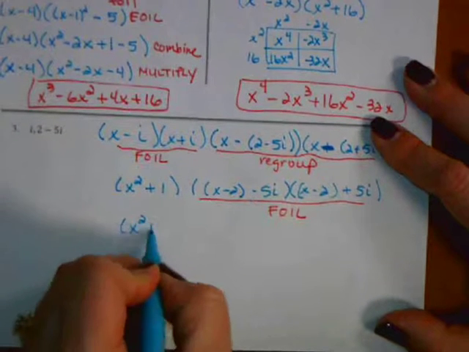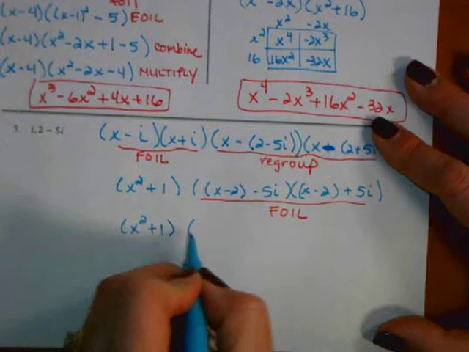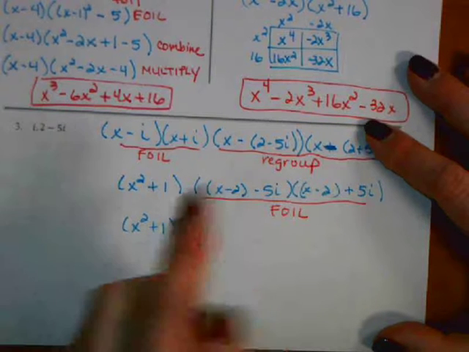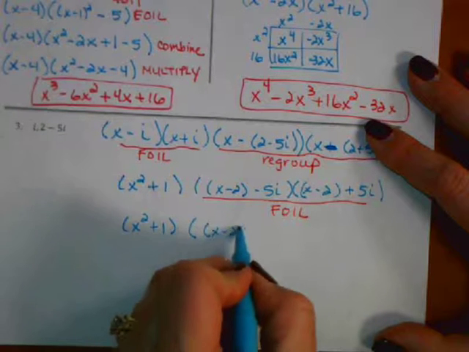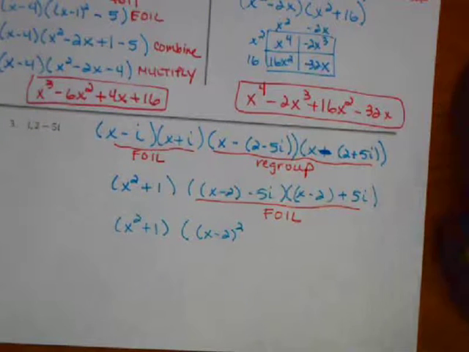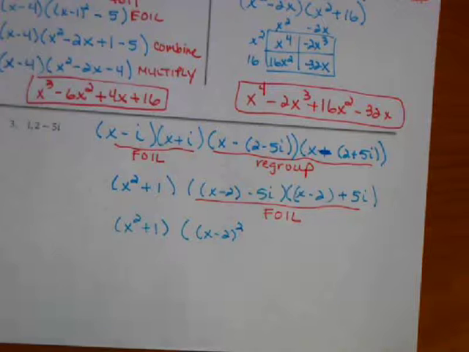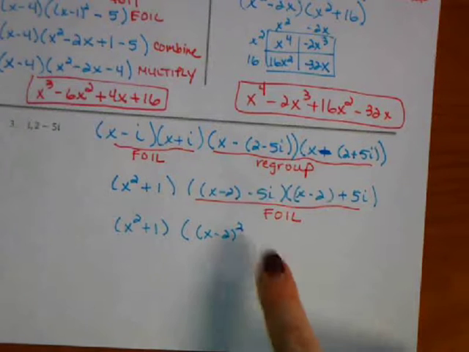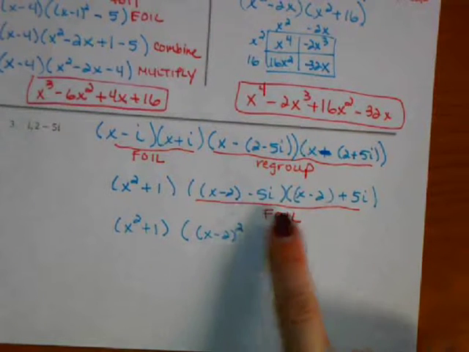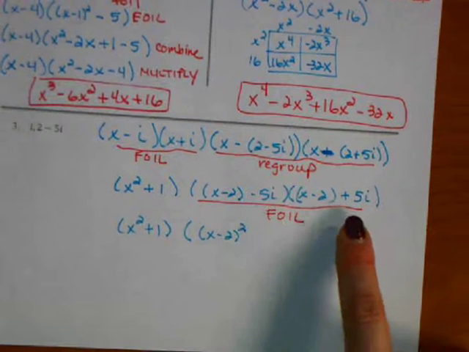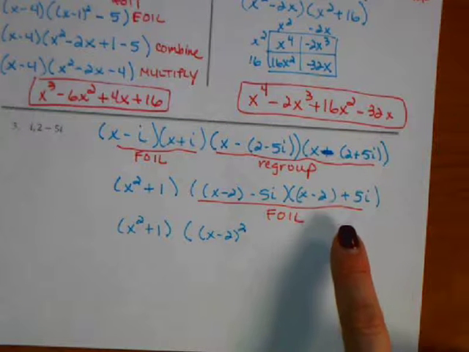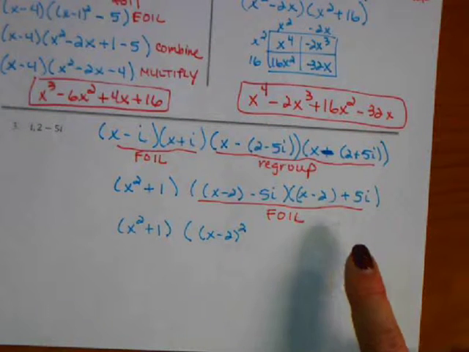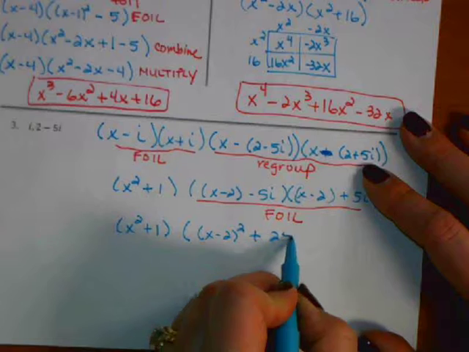It's almost the same thing. X minus 2 times x minus 2 would give me x minus 2 squared. It's sum and difference, so we have no middle term. And then negative 5 times positive 5 is negative 25 times negative 1, which would be plus 25.